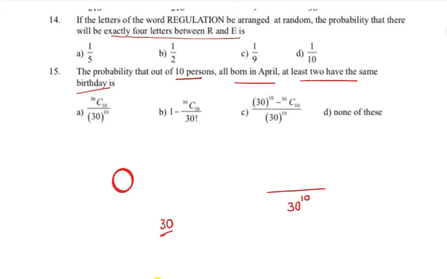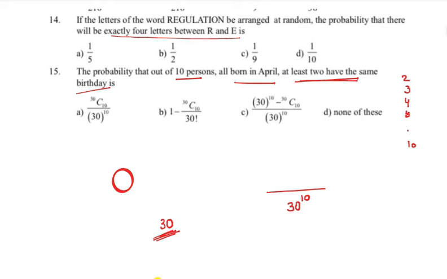That's why 30 power 10 is the total number of cases. But he is saying at least 2 have the same birthday. 2 members may have the same birthday, 3 members may have the same birthday, 4 members, 5 members, like that, up to all 10 members having the same birthday. We would have to find all of that.